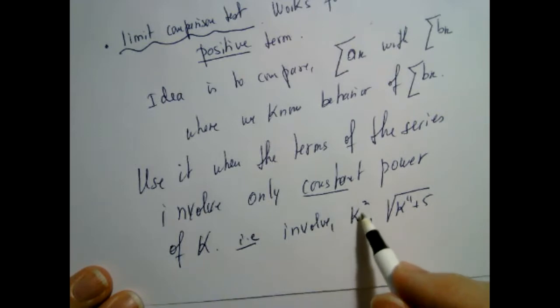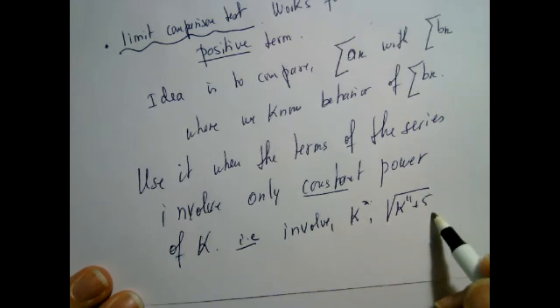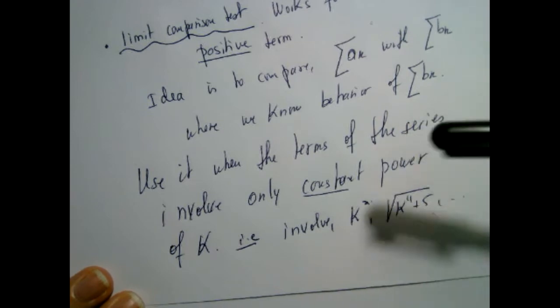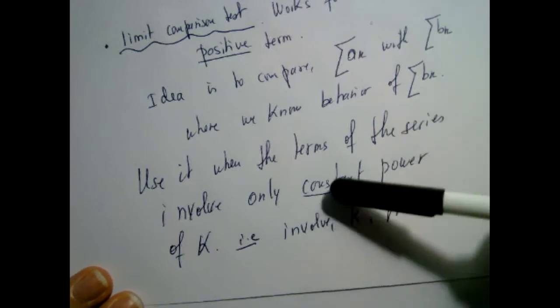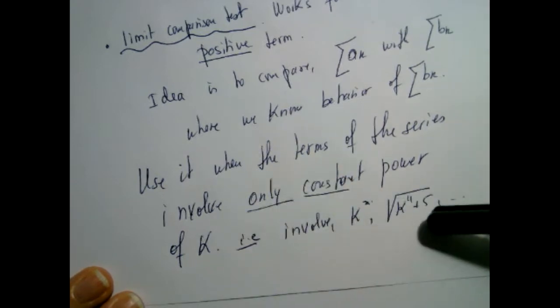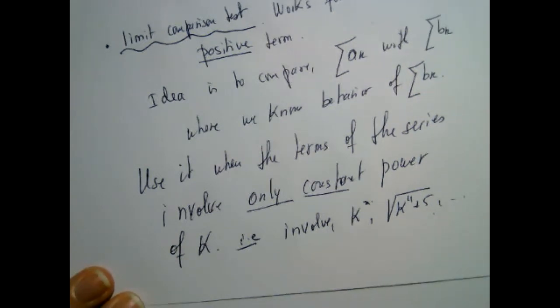So if the term involves constant powers, k squared, square root of k squared plus 5, etc., use limit comparison. Because when the term only involves those types of terms, the ratio test will usually give you a 1. So that's really when we use the limit comparison: k squared, k cubed, as long as it's a constant power.